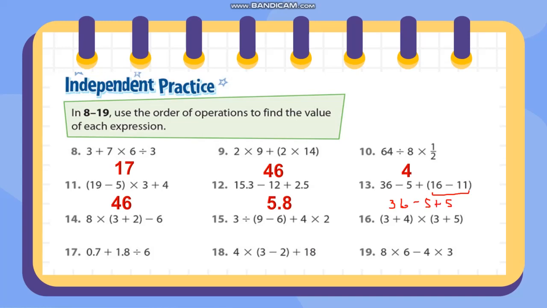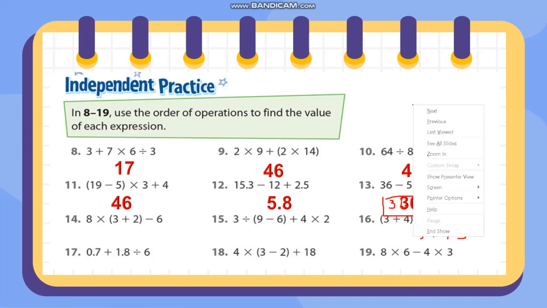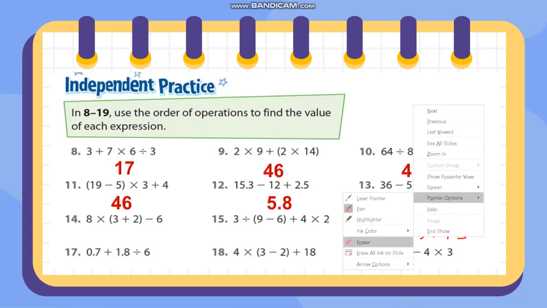So we have subtraction and addition. If the subtraction comes first, from left to right, you need to subtract first. So 36 minus 5 is equivalent to 31. Then 31 plus 5, the answer is 36.